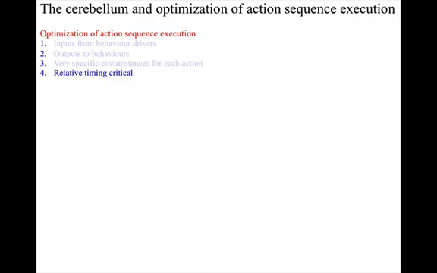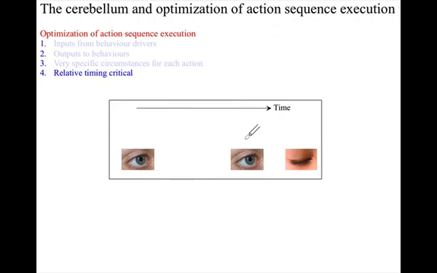The other consideration is that the major contribution of the sequence manager is to the timing of actions. It won't be capable of complex learning. It can't change the nature of any one behavior or the order of behaviors, but it can adjust the length of time between behaviors. And as in the simple example we talked about when discussing the cerebellum, we're programmed with an instinctive behavior. If our eyes feel a puff of air, we blink soon afterwards.